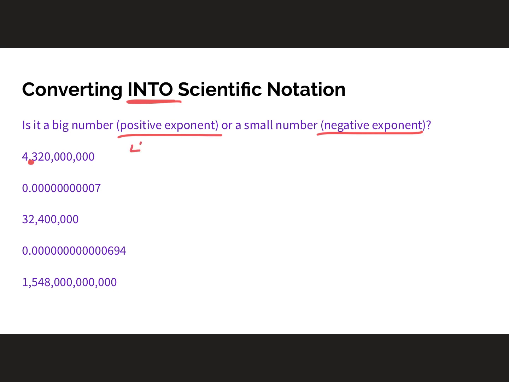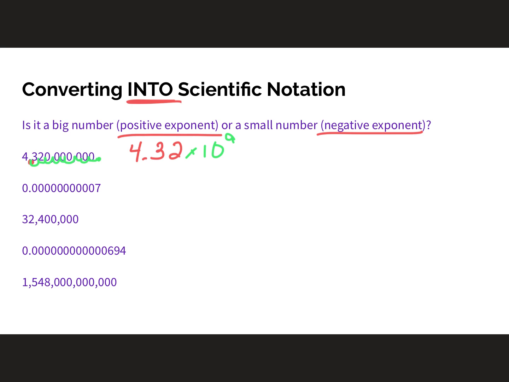So this is going to be 4.32. Right now, I have a decimal right here. So I have to figure out how many times I need to move that decimal. So I move it 1, 2, 3, 4, 5, 6, 7, 8, 9 times. So that's times 10 to the 9th power. And that's all we're doing.